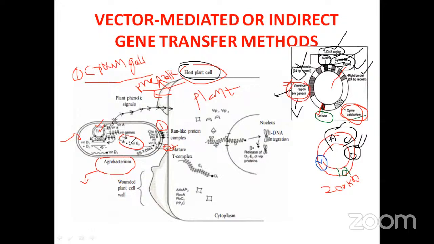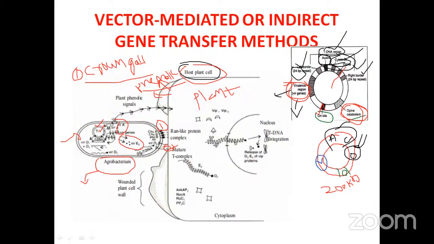VirA and virG are both released. This induces the expression of virulence genes of the Ti plasmid to produce the corresponding virulence proteins. So finally, through virA and virG activity, the virulence proteins are released.